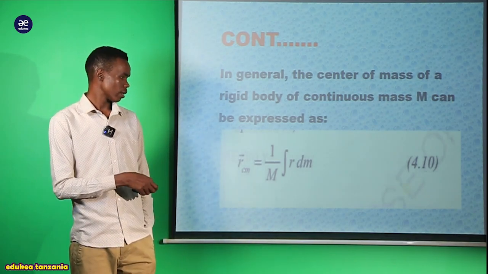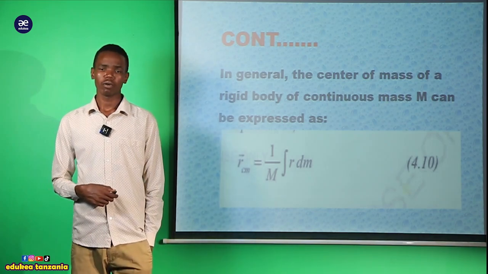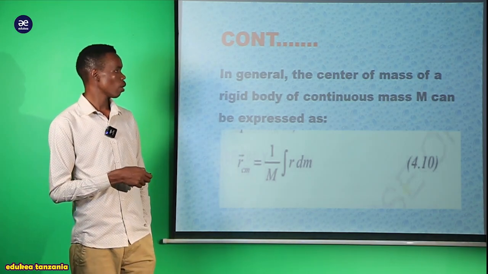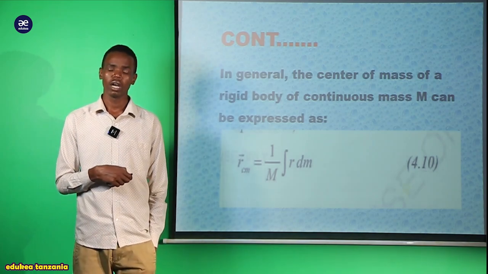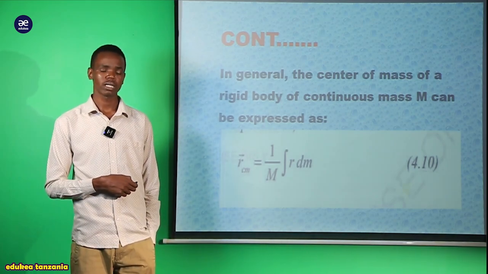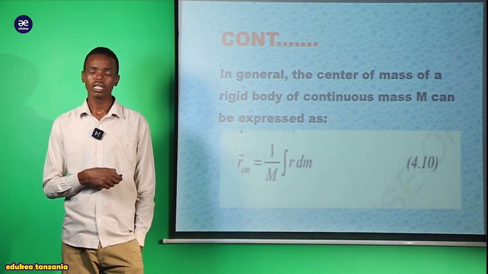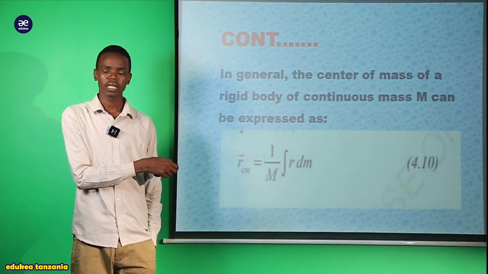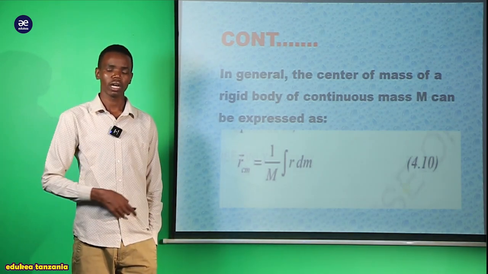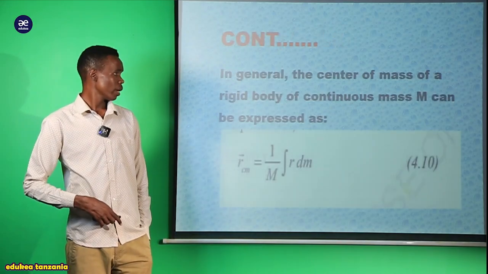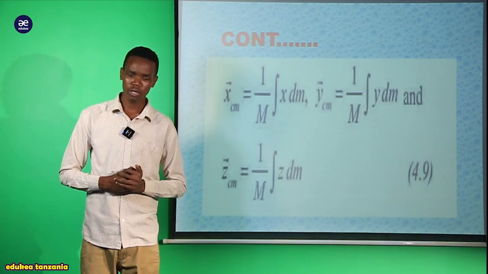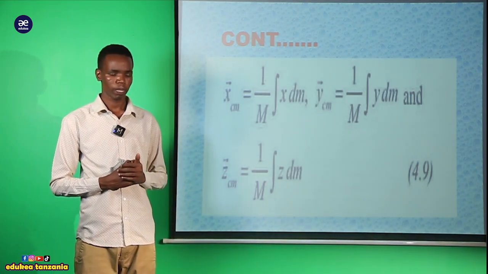It means the center of mass of a rigid body for the continuous case must equal 1 over m, then the integral of r times the dm. Where does this equation come from? This equation, my dear students, comes from this one.